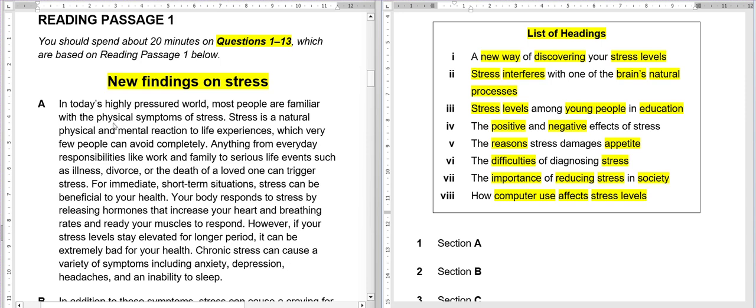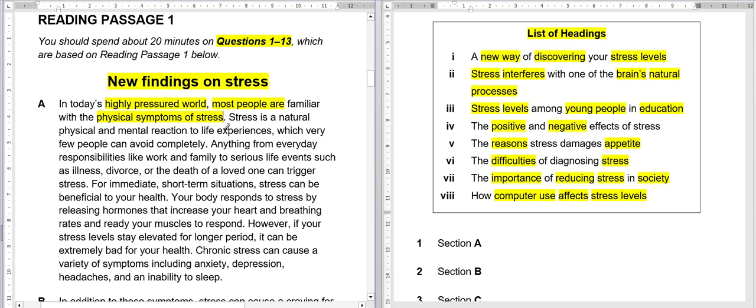In today's highly pressured world, most people are familiar with the physical symptoms of stress. So we are saying that the world is highly pressured, so there is a lot of pressure today. Most people are familiar with physical symptoms of stress, like how you can tell someone is stressed by looking at their physique, or their physical cues.